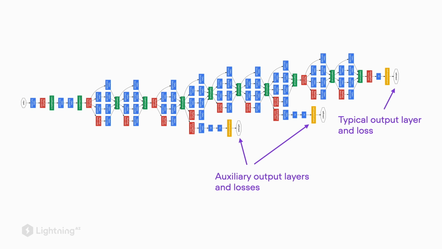The idea here is that it is sometimes hard to train very large neural networks. Due to backpropagation and how it works, the signal sometimes degrades when we have a very large network and we go from the output layer to the far away input layer. By having these auxiliary losses, we can ensure that each small subpart of the network learns well, which then helps with the overall training of the neural network.